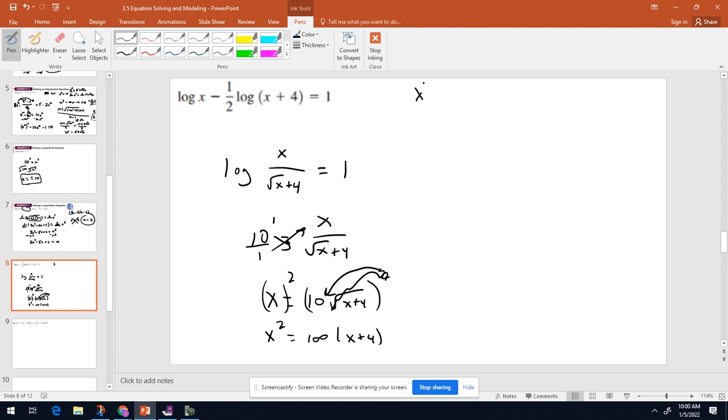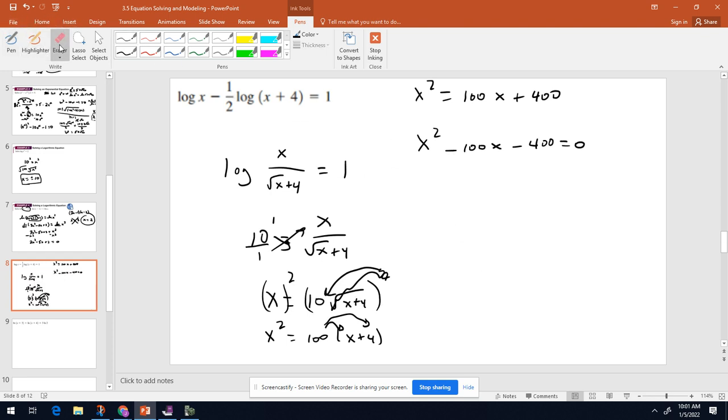So now I've got x squared equals 100x plus 400, distributing this 100. x squared minus 100x minus 400 equals 0. So then now I can use the quadratic formula, which is opposite of b.